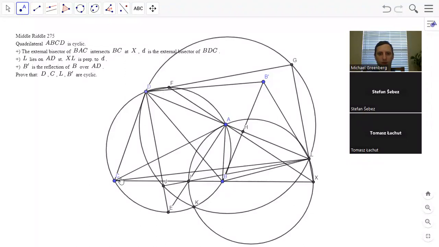And then, yeah. Okay. So yeah, we can prove the circle passes through K.